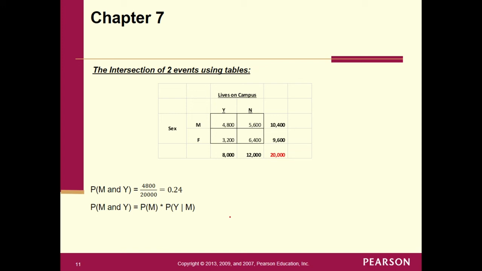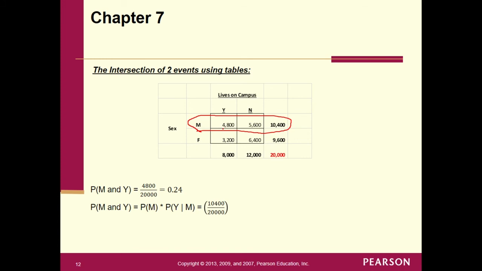Now, could we use this formula, even though we have the table right here? Yes, we can. So let's see, the probability of male, that would be 10,400 over 20,000. So you're going to see that for the first term. Probability of yes given male: given that we know that a male was chosen first, what's the probability of yes?